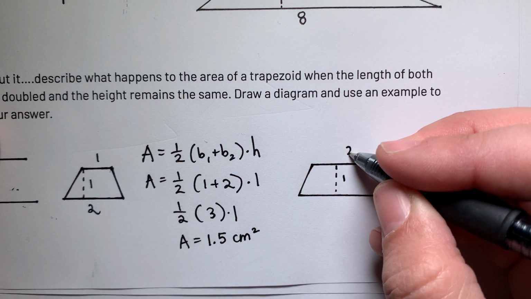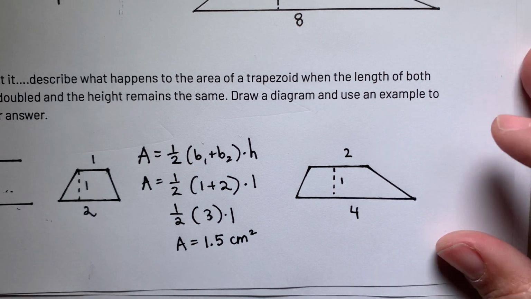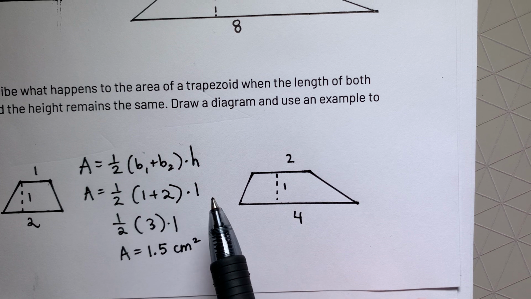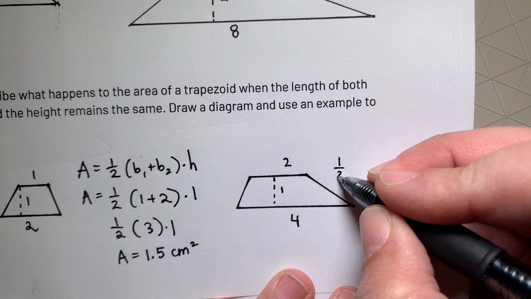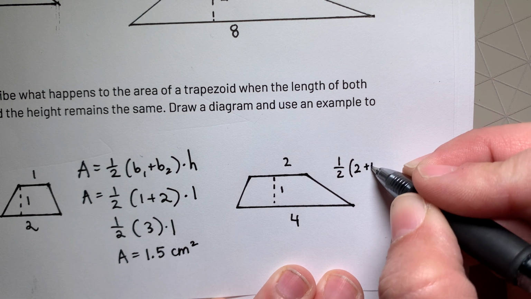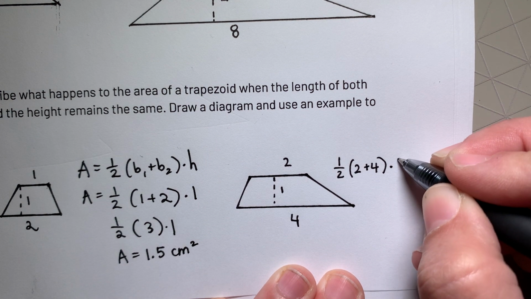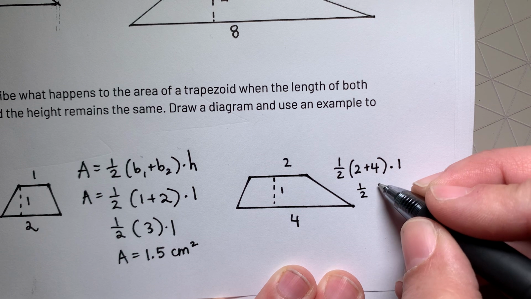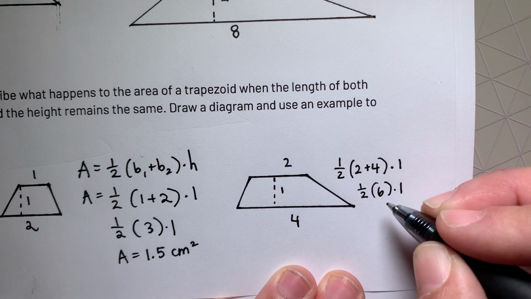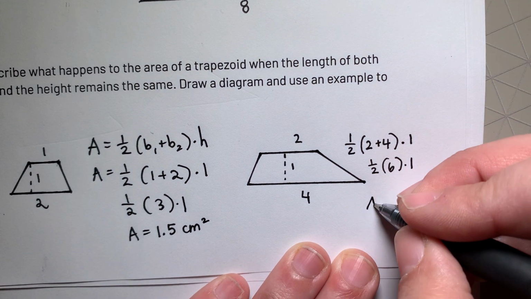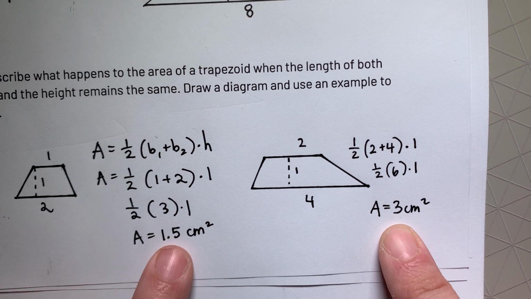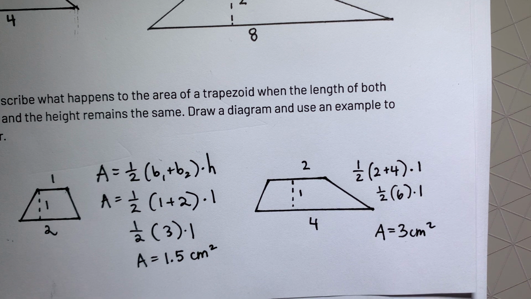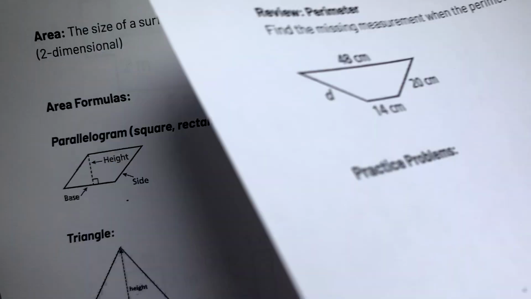So 1, 2, and 4. So again, if I just plug in the values into my equation, my area is going to be 1/2 of 2 plus 4 times 1. So half of 6 times 1. So my area is going to be half of 6, which is 3. And 3 is double 1.5. So the same thing happens. So interesting to note that.